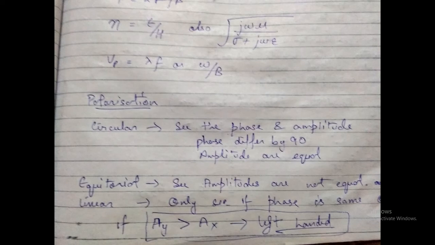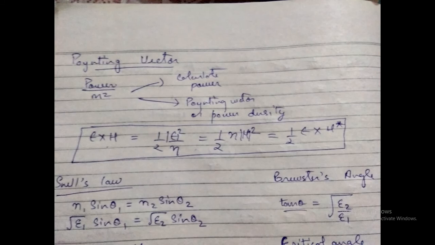All right, nothing else to worry about, it will be directly found. Now the pointing vector, the other important point in this chapter. The pointing vector is just the power density, where we divide the power by meter square. There will be two types of questions: we may want to calculate the power, and power can be calculated if we get the density and multiply by area.